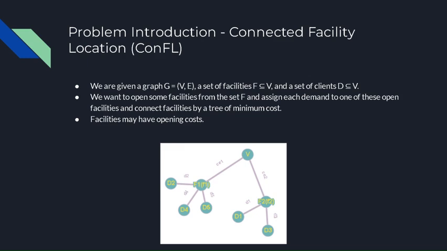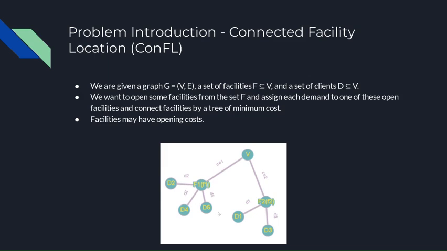The facilities can have opening costs. That is, if you want to open a facility at a particular point, we have to pay a cost. So, to illustrate this, let me use this example below. Here we have these facilities F1 and F2, and these are the different clients D1 to D5.